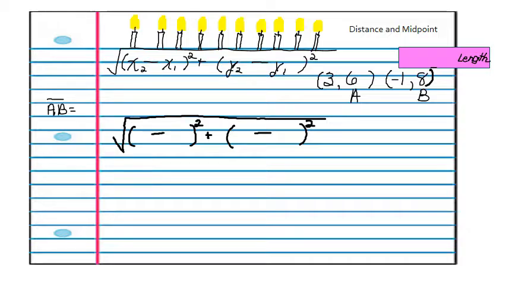Second thing I'm going to tell you to do anytime you use a template is to make sure that you label. You need to know what your first coordinate is and what your second coordinate is.